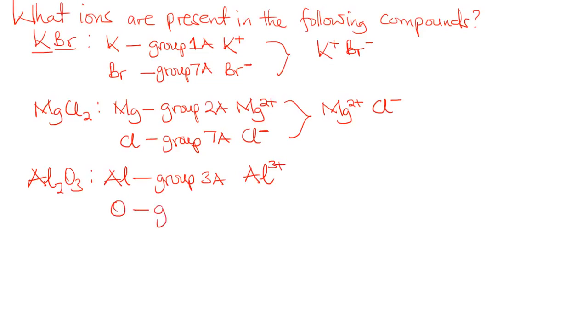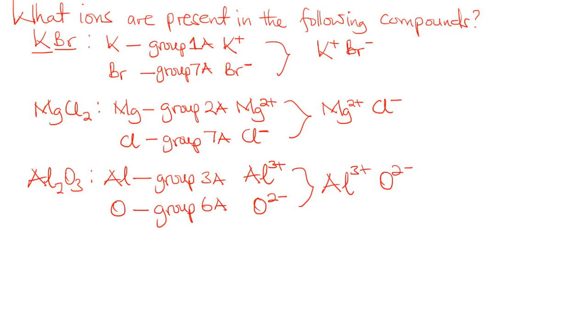Oxygen is group 6A. So the ion will become O2 minus. So aluminum oxide has these two ions, Al3 plus and O2 minus. So that's how you want to answer this type of question.